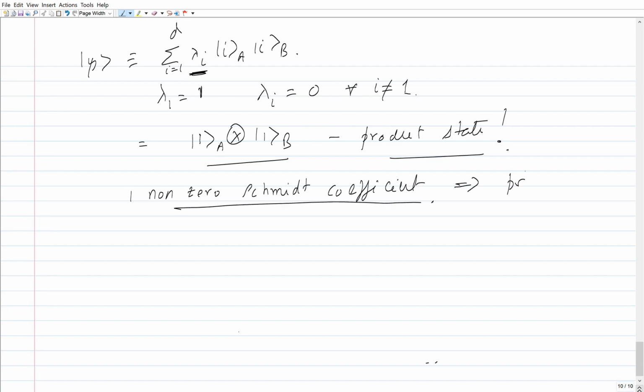That implies a product state. The number of non-zero Schmidt coefficients is also called the Schmidt number. If the Schmidt number is greater than 1, that implies an entangled state.